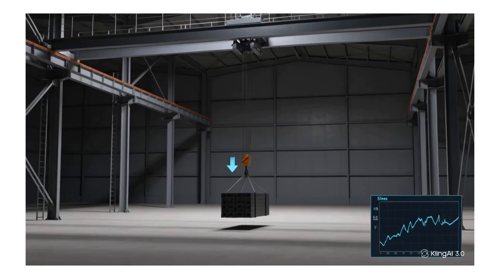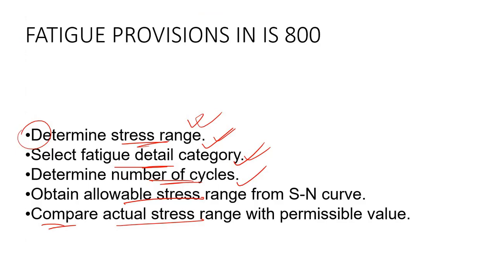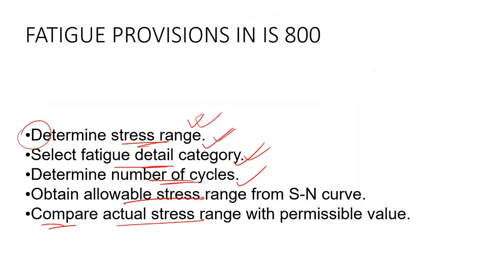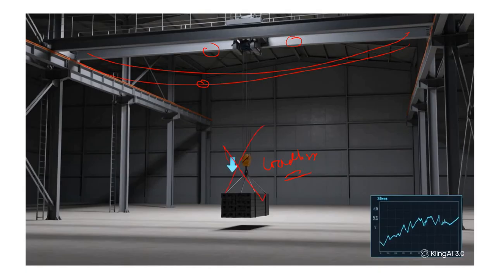Here you can see that during the loading process, the girder will bend. The stress at the bottom flange is maximum during loading, and that is our sigma max. And when there is no load, there will still be some stress due to its self weight.